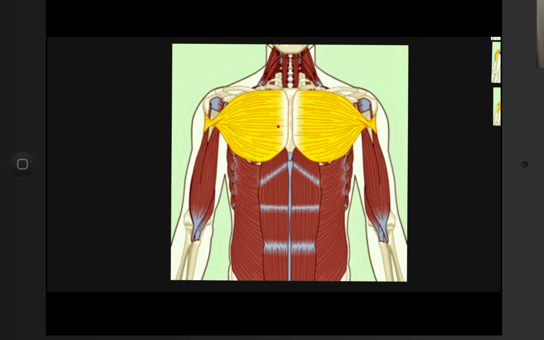And it runs primarily transverse, you see the direction of the fibers. Then it crosses over the shoulder joint, and you can see it attaches there on the anterior proximal humerus. Anterior is front, proximal means closer to the center of the body.